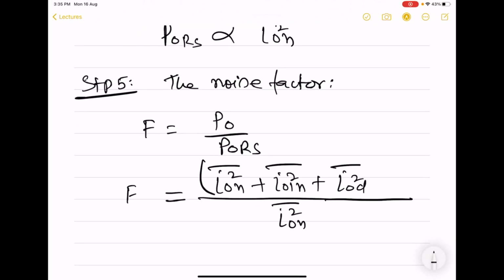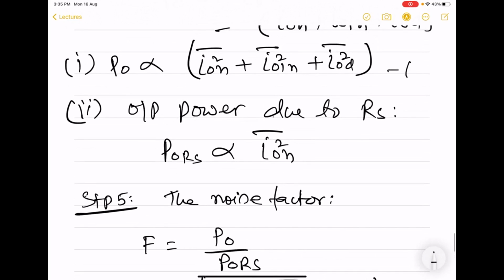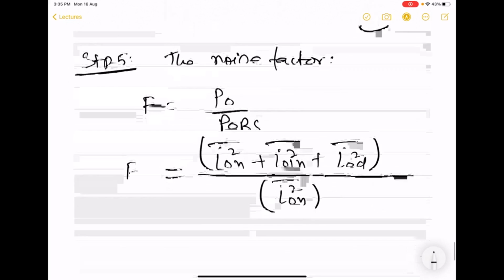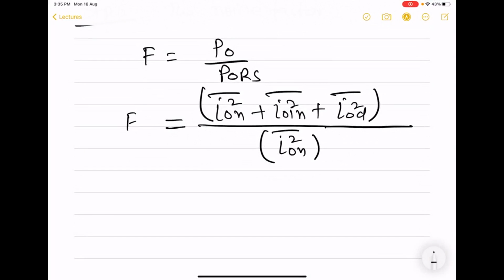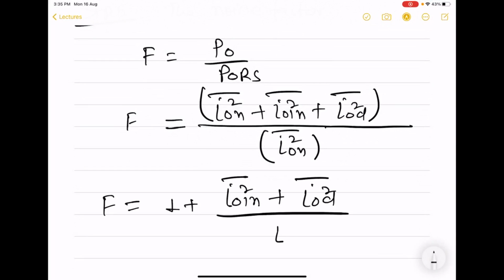The same proportionality factor exists for the two powers here in 6 and in 7, and that factor will be decided by the load and the output resistance. So this F becomes 1 plus IU1N mean square plus IUD mean square divided by IUN mean square.